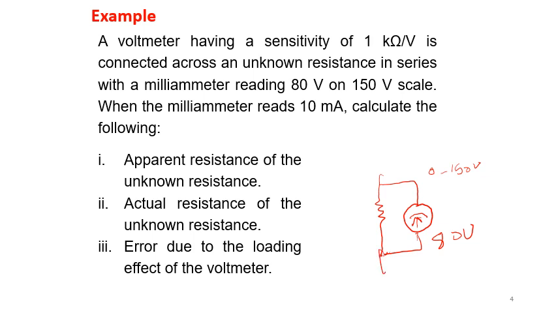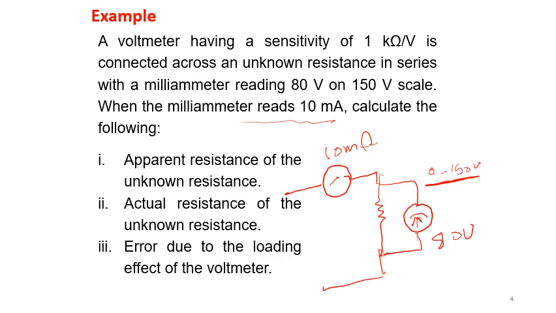The voltage across the resistor is 80 volt, and the range of the meter is 0 to 150 volt. The milliammeter reads 10 milliampere, so the resistor is connected with a milliammeter, and the milliammeter measures 10 milliampere.